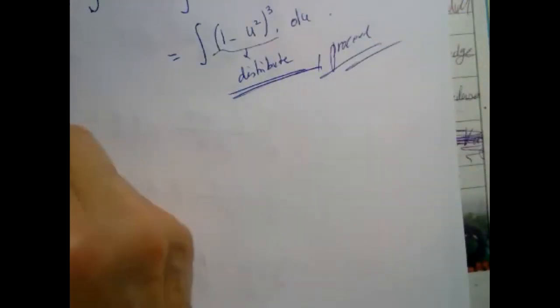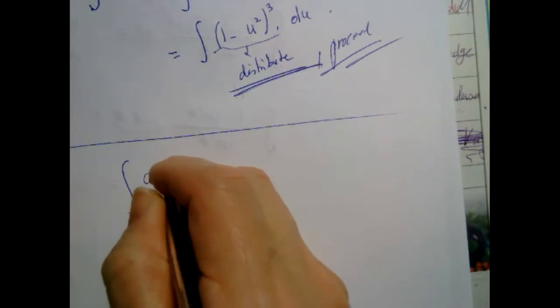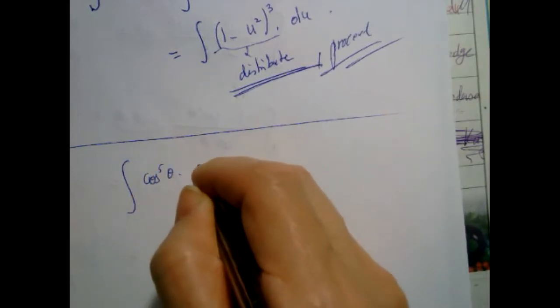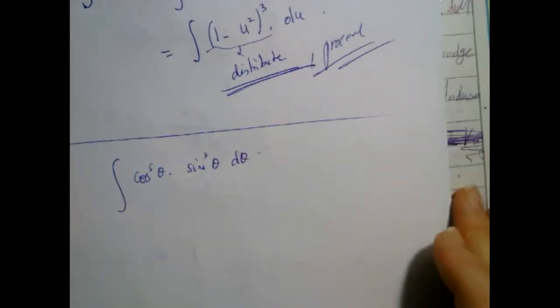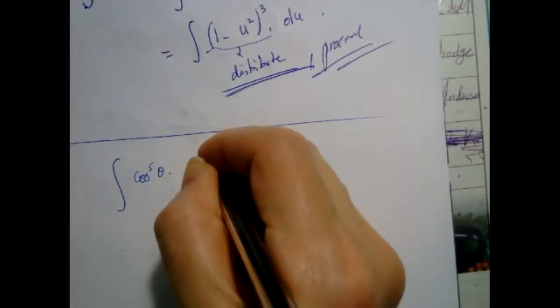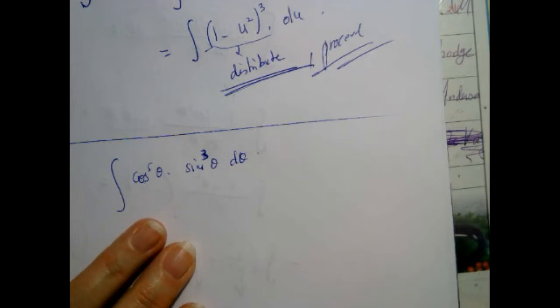So even if I have something like that, if both of them are odd, so this is 5 and 3, it's the same approach, but then you will have a choice which one to split. And usually you have to split in a smart way. So if both are odd, it's the same technique. You split one of them and you proceed.